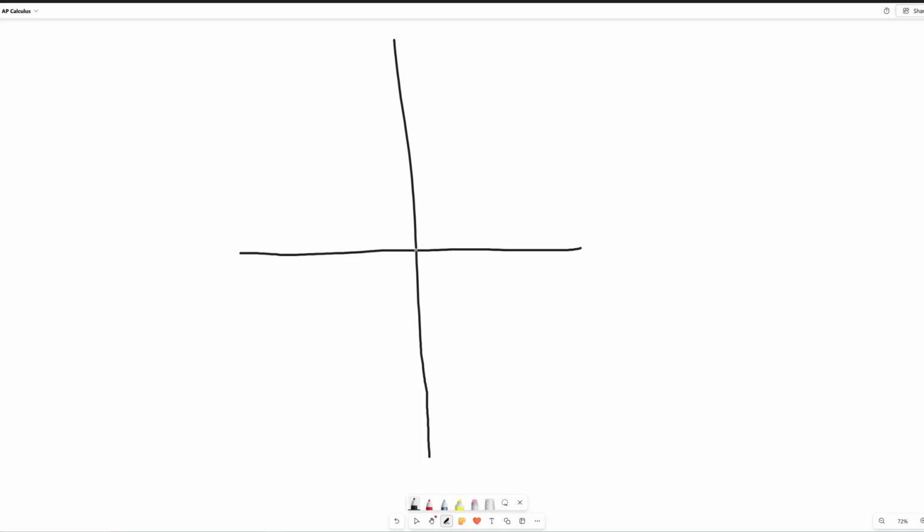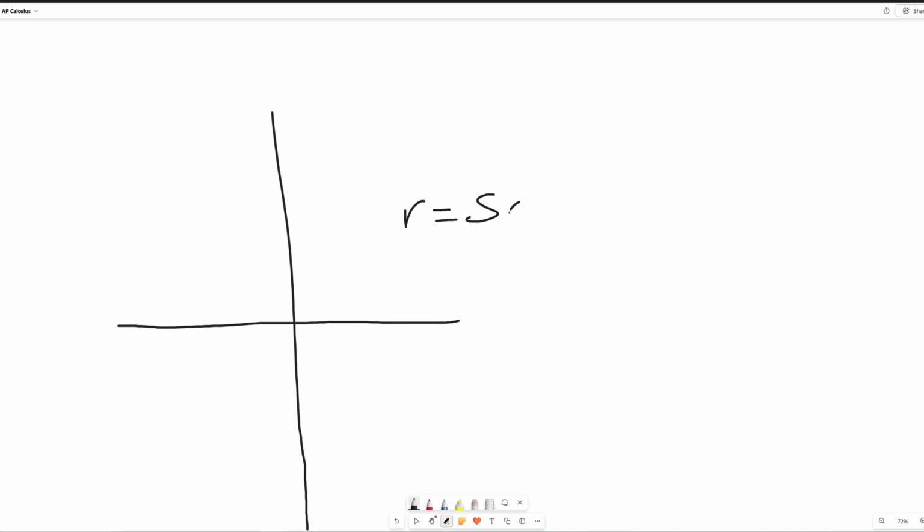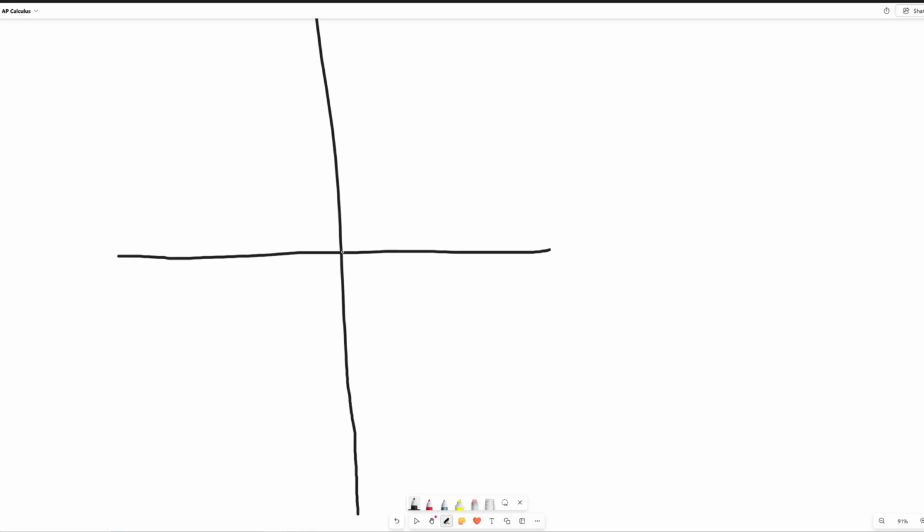So, you will have r equals something, some function involving theta. And this just means that the distance from the center depends on the angle. So over here, the distance can be 1, but then over here, the distance can be less than 1, and then it can go all the way over, and then come back, and then do some sort of cool-looking shape.